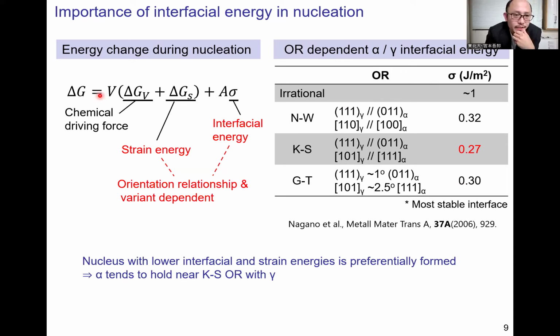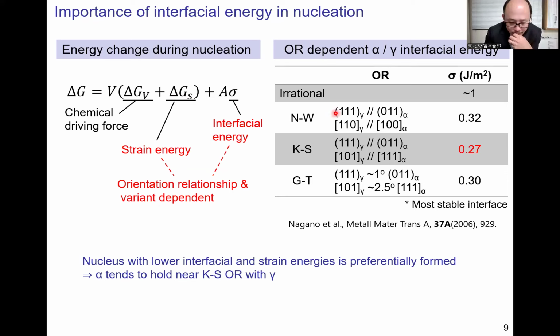And this is the energy change during nucleation. So energy change of nucleation is a function of chemical driving force, strain energy and interfacial energy. Strain energy and interfacial energy are a function of orientation relationship or variant.